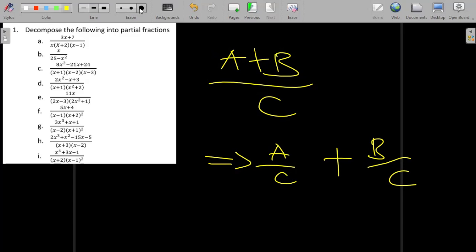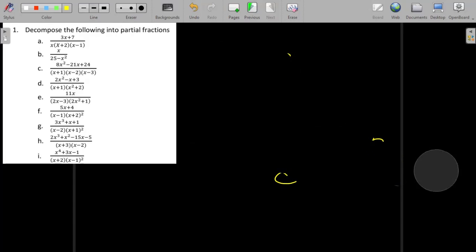Before we can even solve any equations, we have to understand the rules that we need to use when decomposing partial fractions. The first rule that you have to take note of is to look at the highest degree of the polynomial in the denominator and in the numerator.